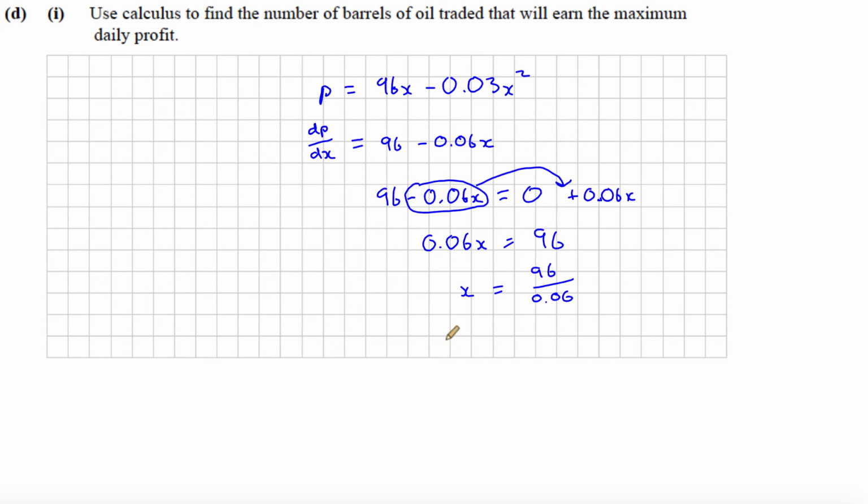And that gives us a value of 1600. So x is equal to 1600. That's the number of barrels of oil traded that will earn the maximum daily profit, 1600.